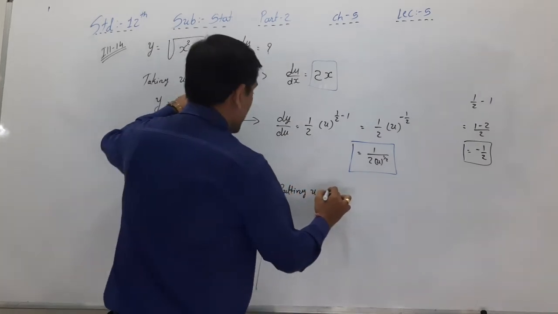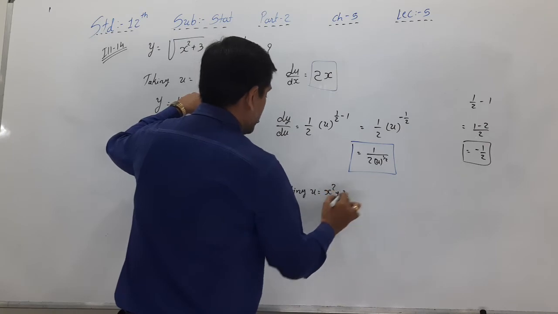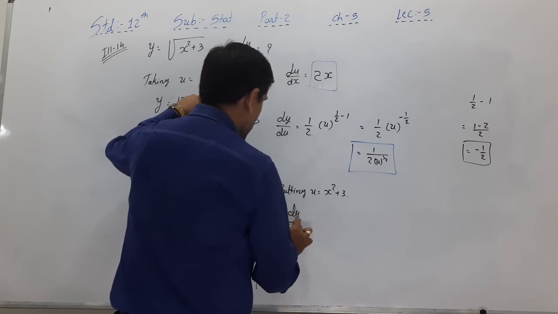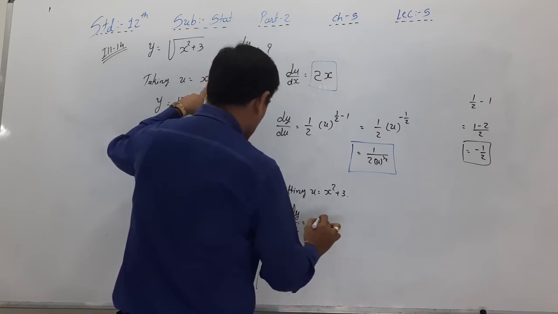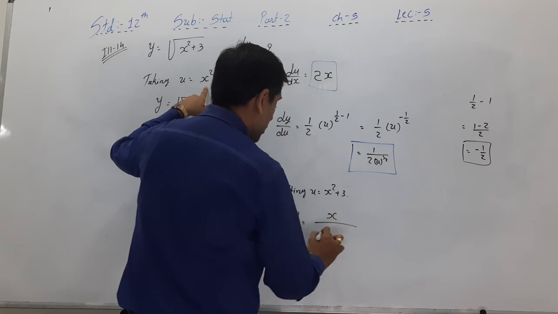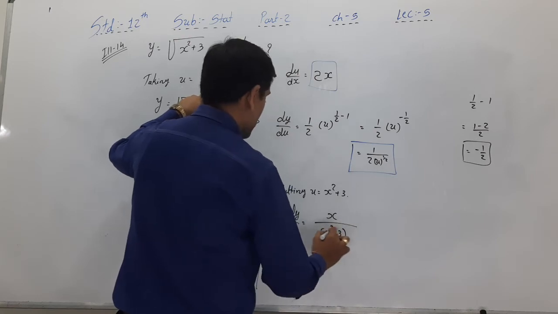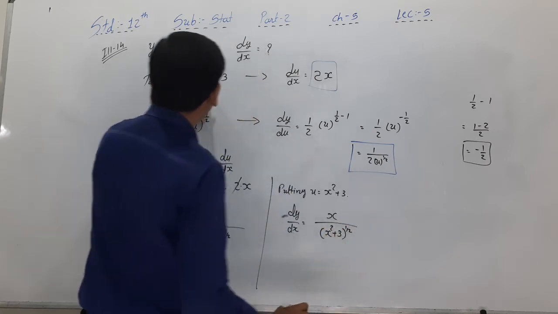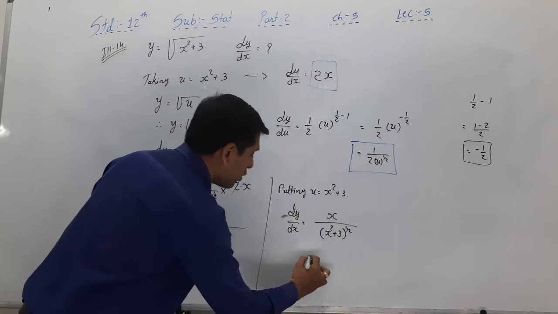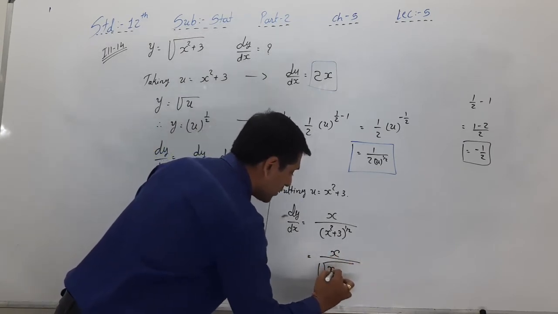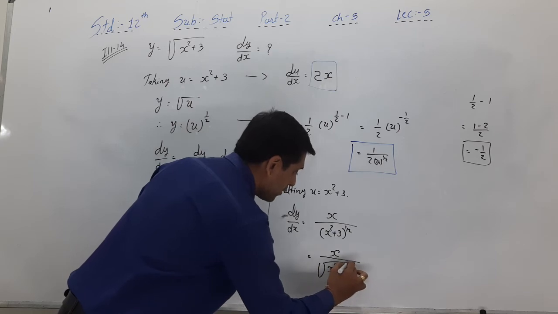U is equal to x square plus 3. Then dy by dx is equal to x upon x square plus 3 raised to 1 by 2, or you can say square root also, x upon square root of x square plus 3.